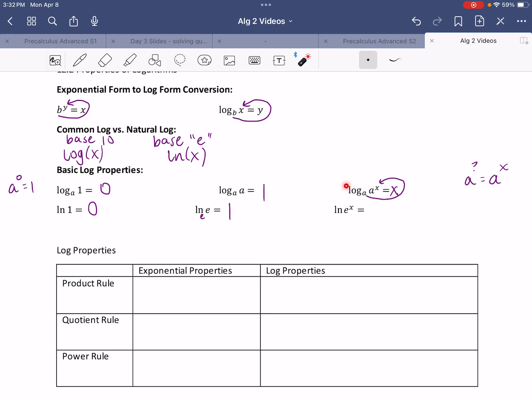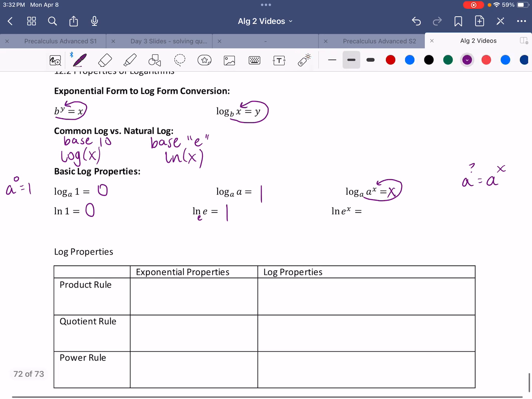Or you could see that if I have the same base and argument, they're basically canceling and leaving a 1. We'll talk about a property of log today that makes this a little more clear. And so similarly, if it's the natural log of e to the x, this is saying e to what power makes e to the x? Well, we would just need an x.